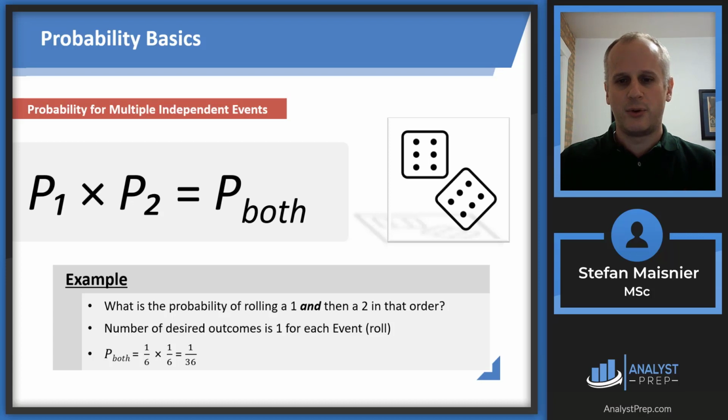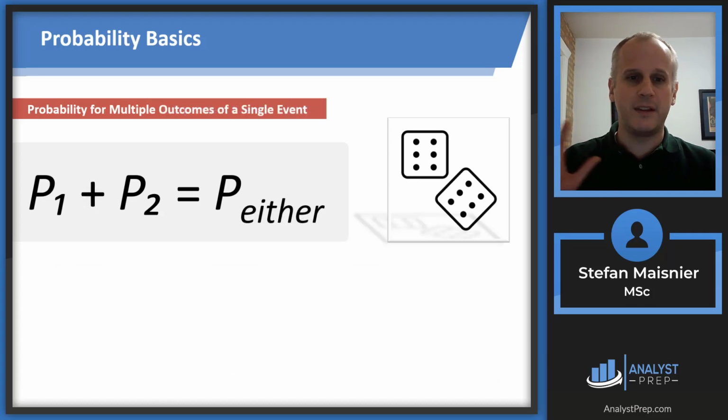Then the probability of rolling a 2 is going to be 1 out of 6 on the second roll. And then you're going to multiply those two independent probabilities to find that the probability for rolling exactly a 1 and then a 2 on two six-sided dice is going to be 1/6 times 1/6, which is equal to 1/36.